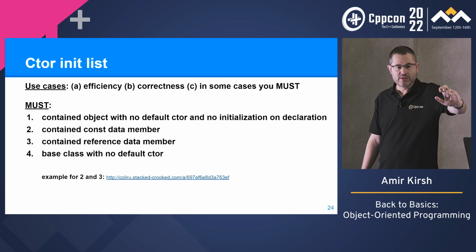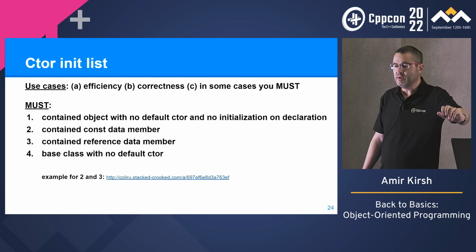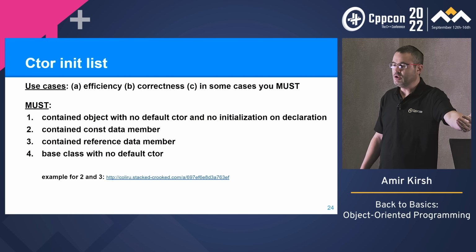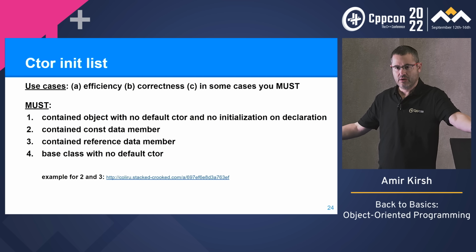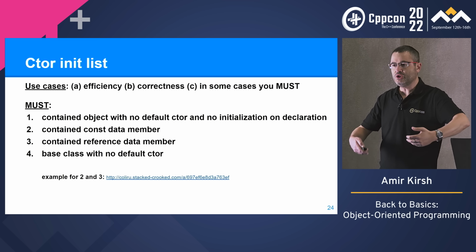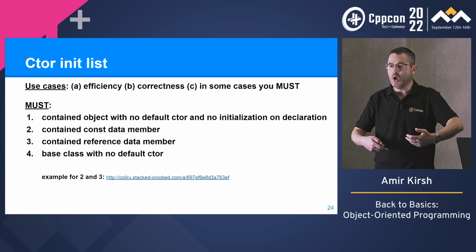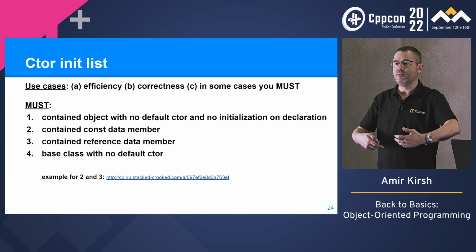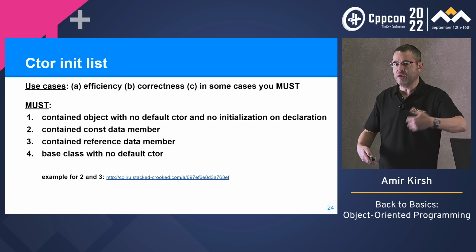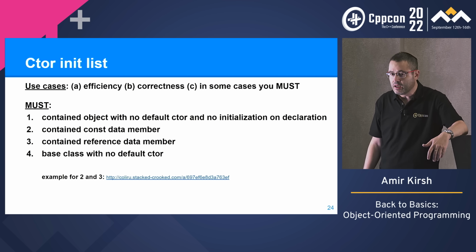Suppose that when it was created with the default constructor, some initialization occurred, and then I just override that with another thing. Then it is not so efficient. So I prefer to initialize my members in the constructor initialization list, and this way I know that they get the values that I want to send them, and they are not default initialized and then overridden inside the constructor body with something else.